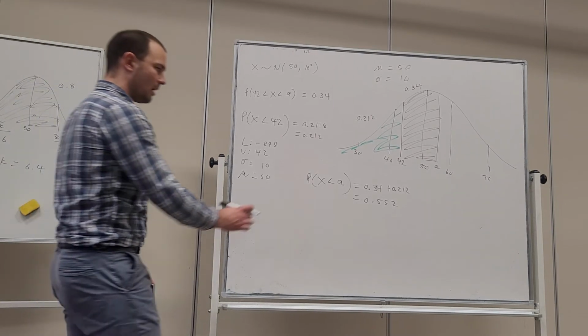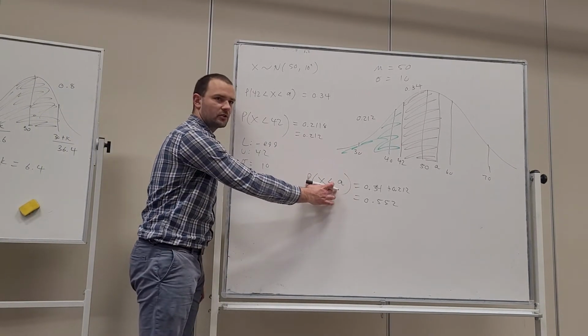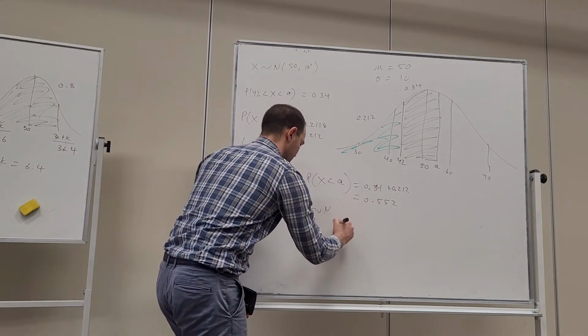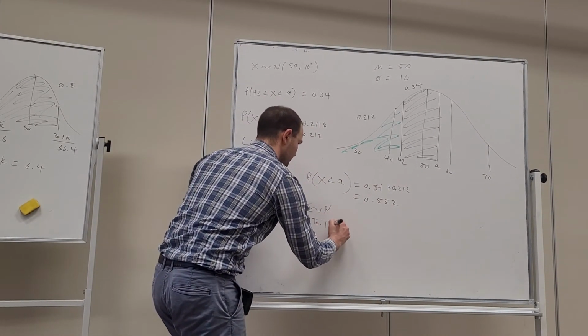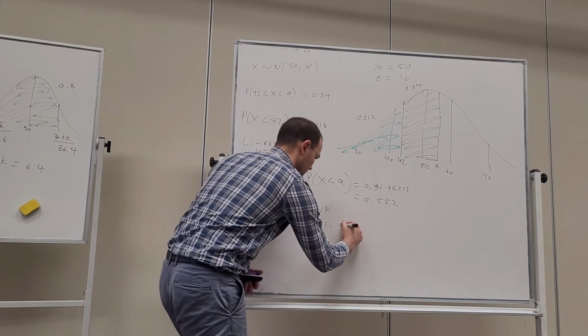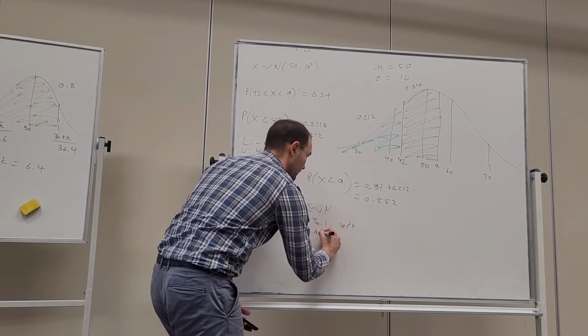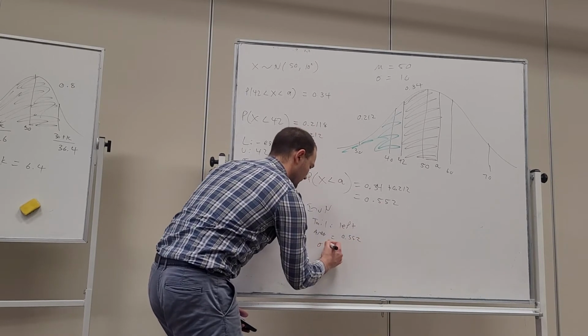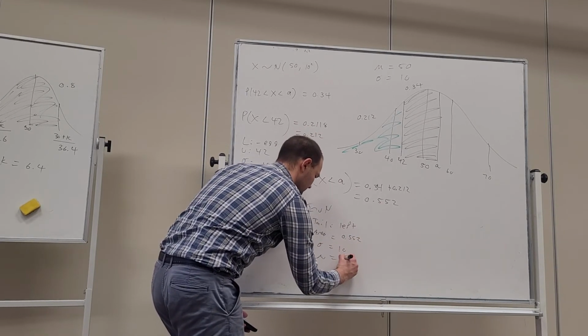Because now we know exactly how to do that calculation. That's an inverse normal calculation. Our tail is left. The arrow is pointing to the left. Our area is 0.552. Our standard deviation is 10 and our mean is 50.